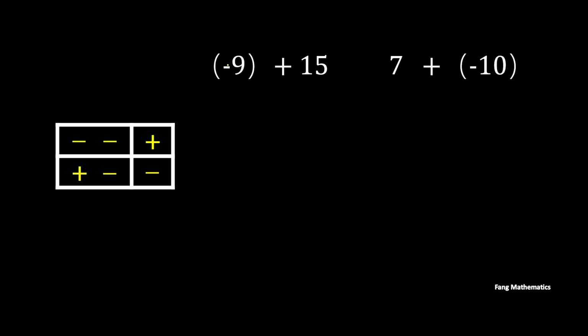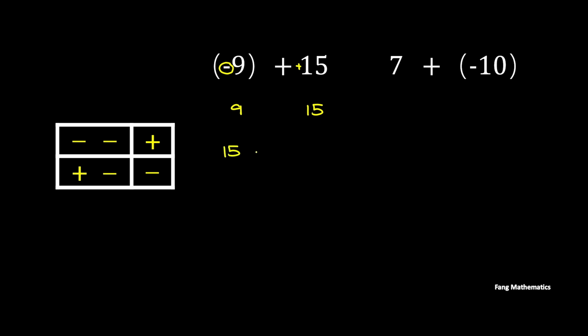Moving on, we are to look at a negative number that is added with a positive number, and they're of different signs. So we are to ignore the sign. You have minus 9, ignore the sign, you have 9, while 15, just 15. We are to use the bigger number minus the smaller number.